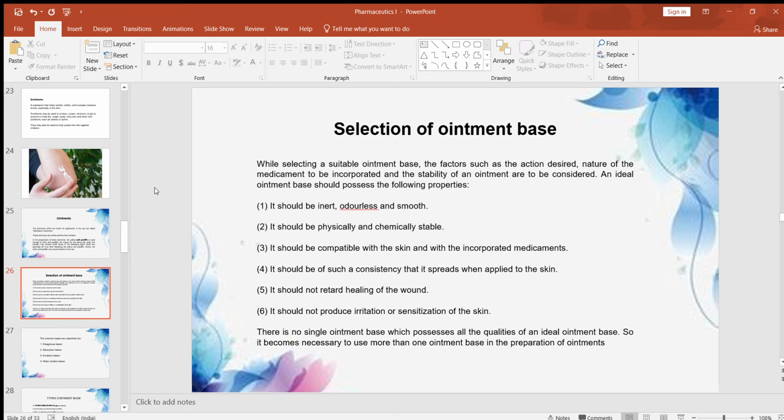Now, if we are using ointment base, what properties should this ointment base possess? First, it should be inert, odorless and smooth.